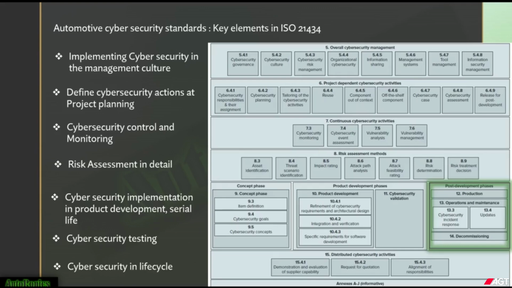It should also have a description of protection measures for components to prevent unauthorized alteration. Finally, it should enumerate the methods to confirm the cybersecurity requirements for the items, components, and post-development phases are met. Then comes the distribution of cybersecurity activities, which involves supply chain analysis, request for quotation, and alignment of responsibilities.